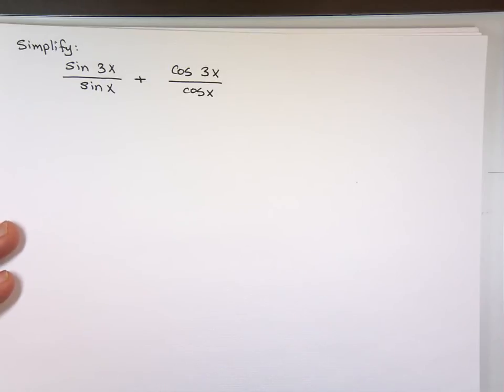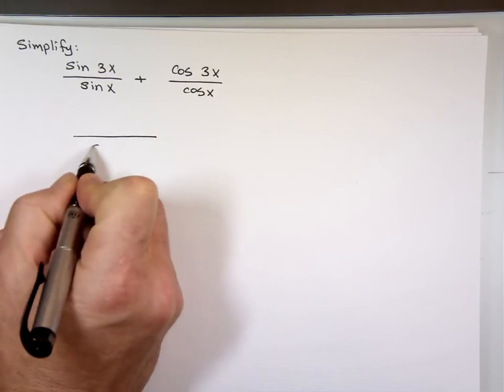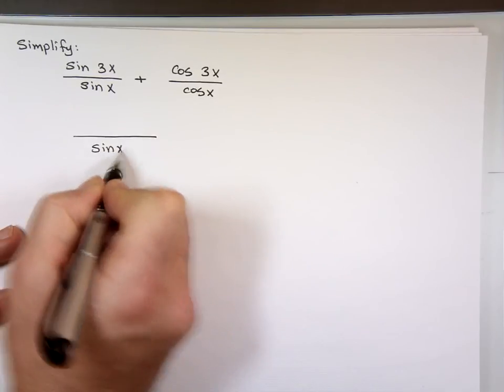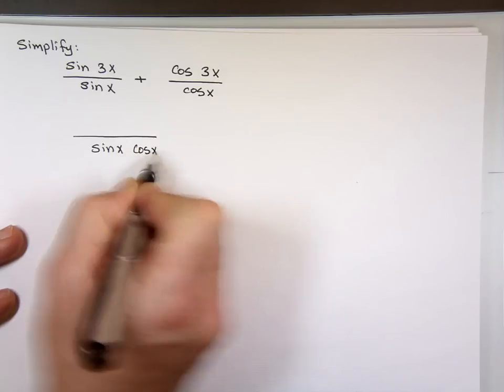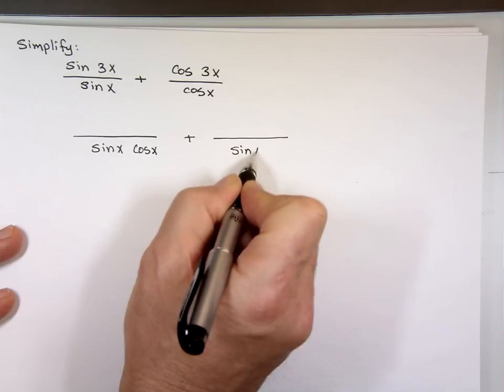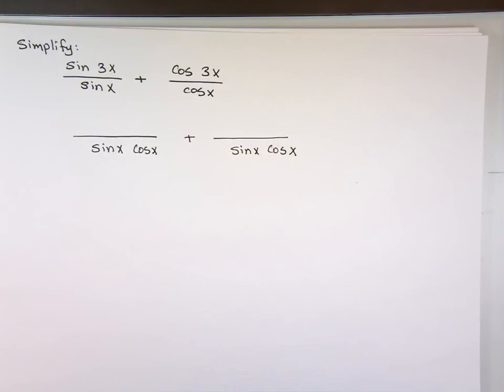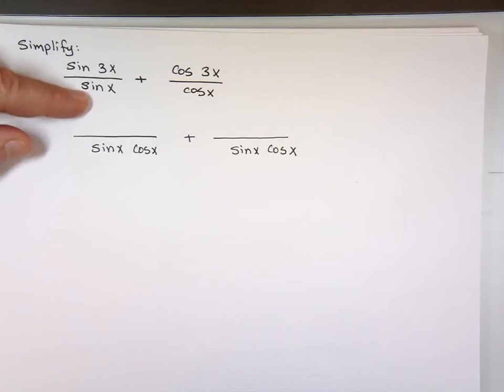If you want to add fractions with different denominators, the first thing you have to do is find the LCD, which is sine x cosine x. Now notice this one is missing the cosine.